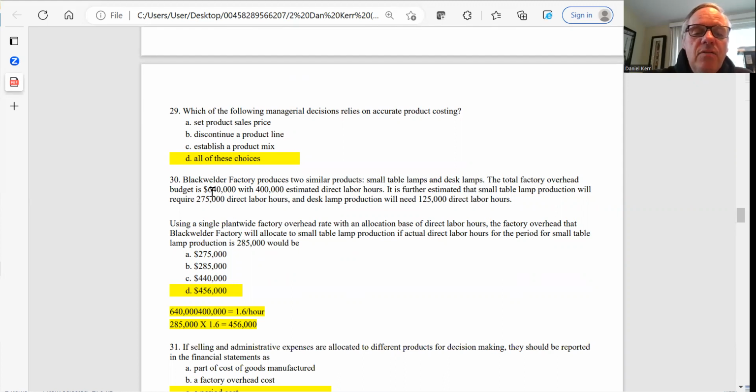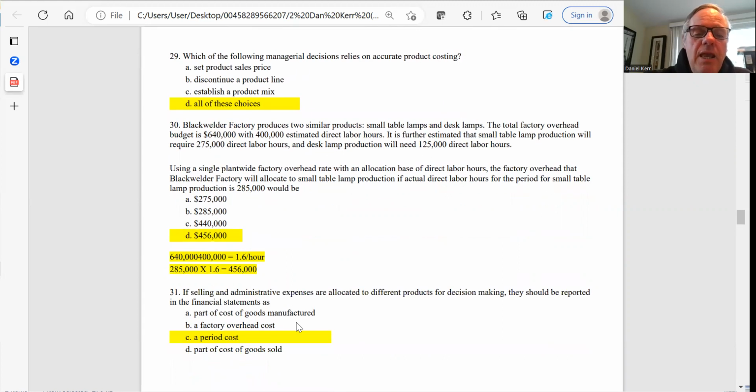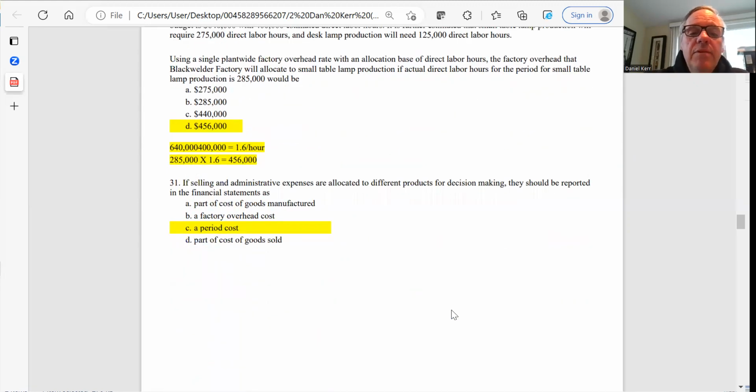You've got $640,000 estimated and 400,000 estimated direct labor hours, which gives you 1.6 per hour, and you multiply that by the actual direct labor hours for the period, which were 285. That gives you 456. And 31, if the selling and administrative expenses are allocated to different products for decision making, they should be reported in the financial statements as a period cost. They're not part of the cost of goods manufactured, factory overhead, or part of the cost of goods sold.